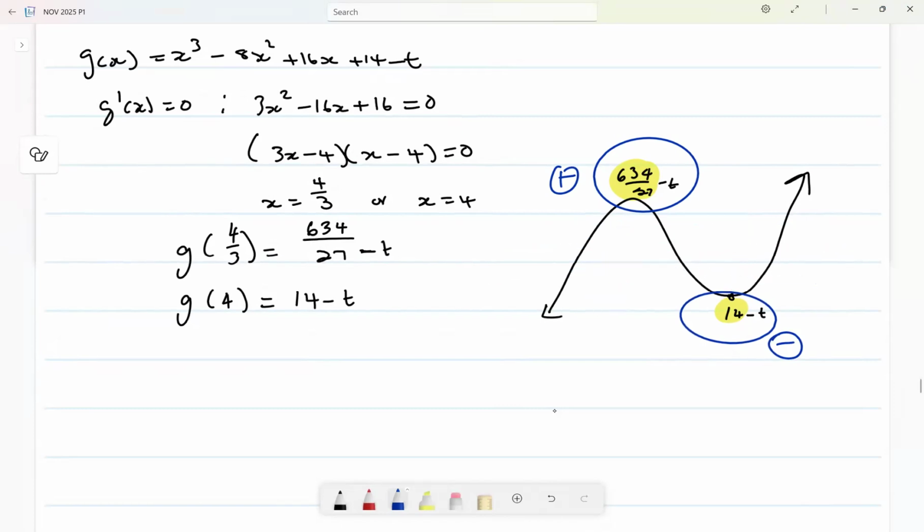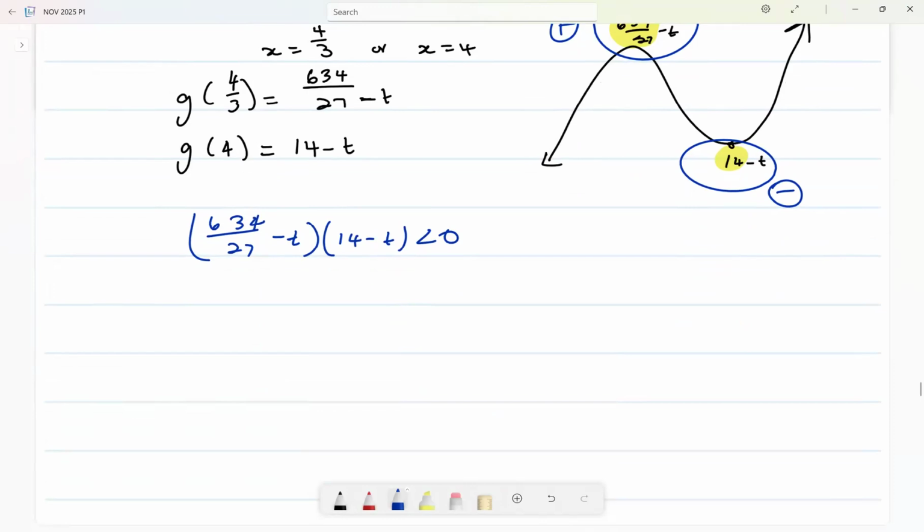So for us to have 3 roots, 634 divided by 27 minus t, when I multiply with this y value, they should have opposite signs. This is what I'm trying to say. So how can they have opposite signs? Less than 0.